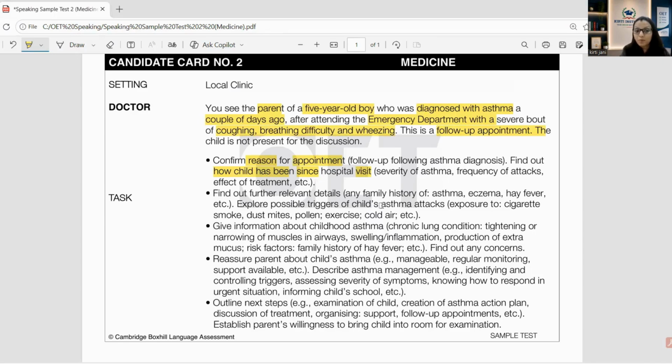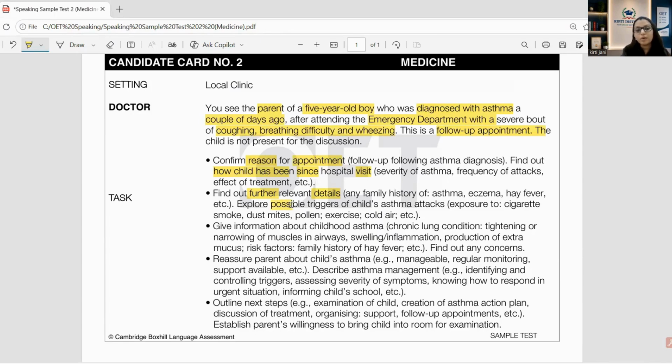Yes. The next point is about finding out further relevant details. So here we are trying to get more information from the parent, right? Any family history of asthma, eczema, hay fever, any kind of allergic condition. This is what we are expecting to get from the parent.